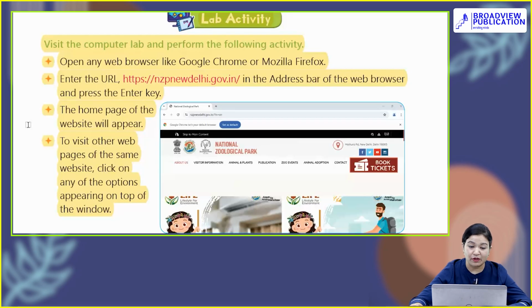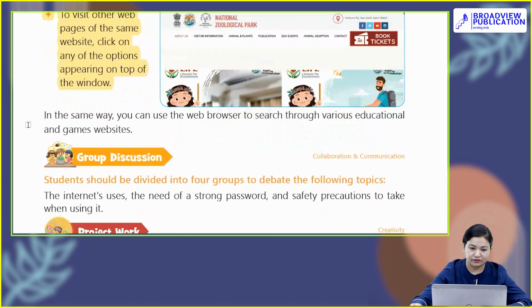To visit other web pages of the same website, click on any of the options appearing on the top of the window. So you have to do it on the computer with internet. In the same way, you can use the web browser to search through various educational and games websites. So you can easily search for various educational games and websites on the internet.